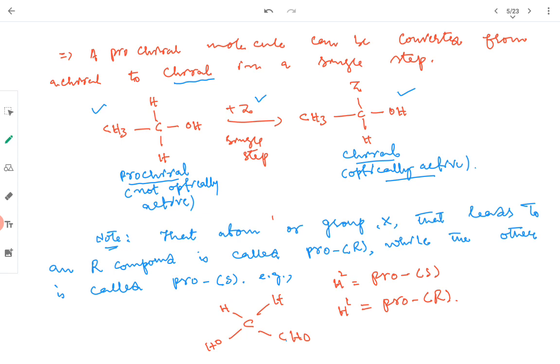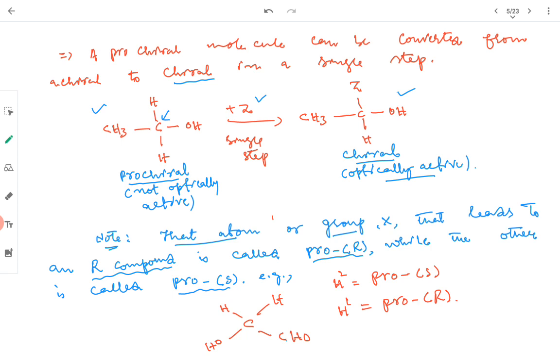It's very important. It's known as prochiral, but it's not optically active because the central carbon is attached to two similar atoms. So note that the atom or group X that leads to an R compound is called pro-R, while the other is known as pro-S.